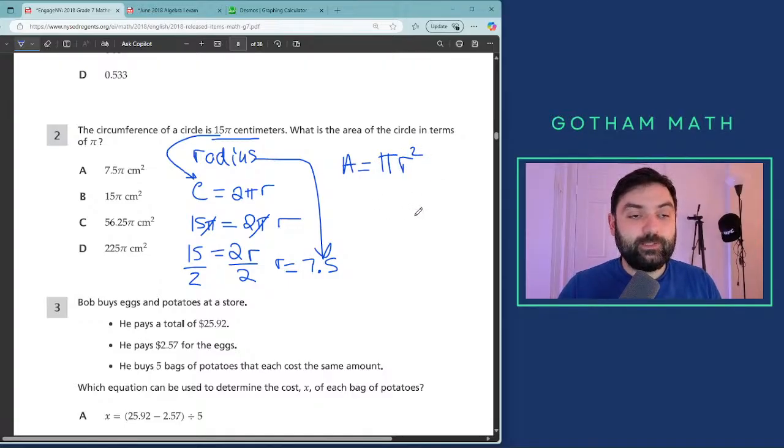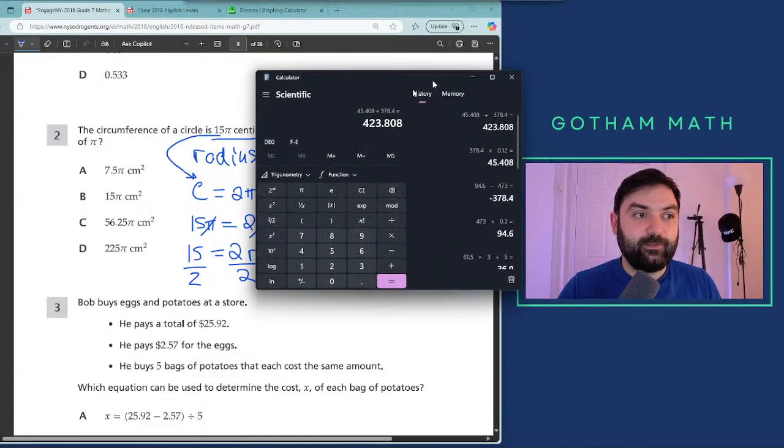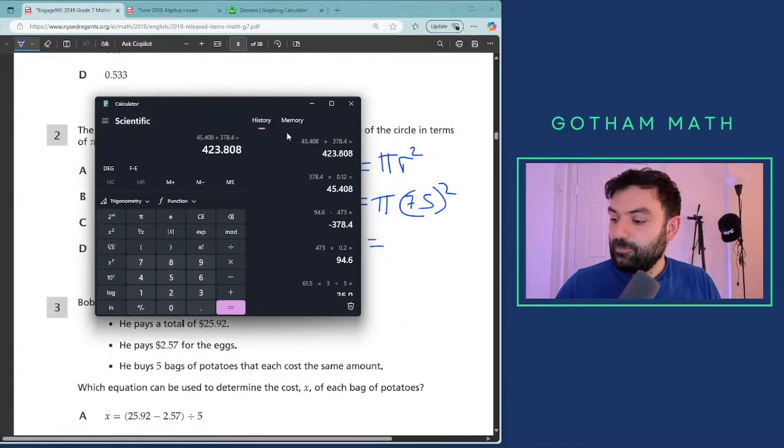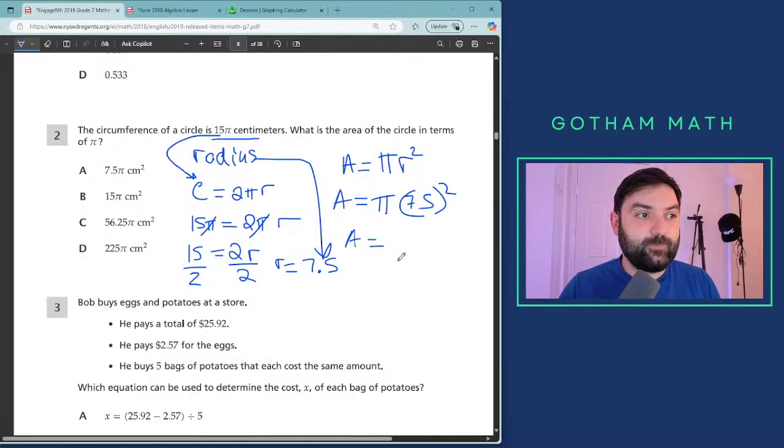So area equals pi times 7.5 squared, which is 56.25 pi.